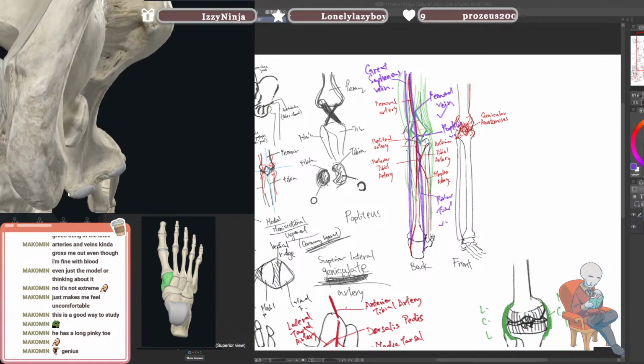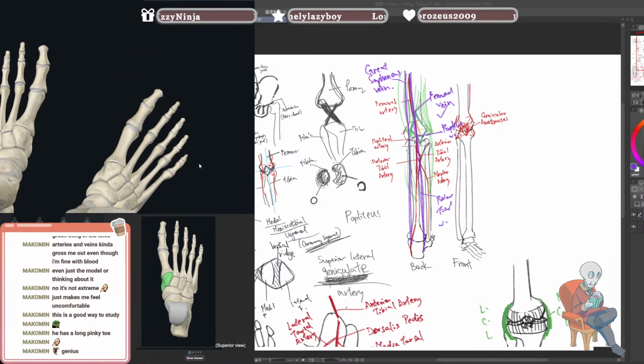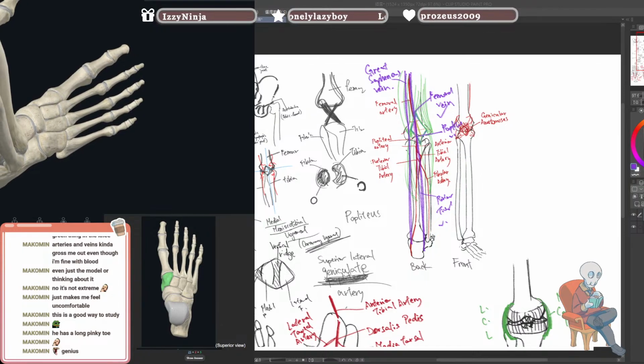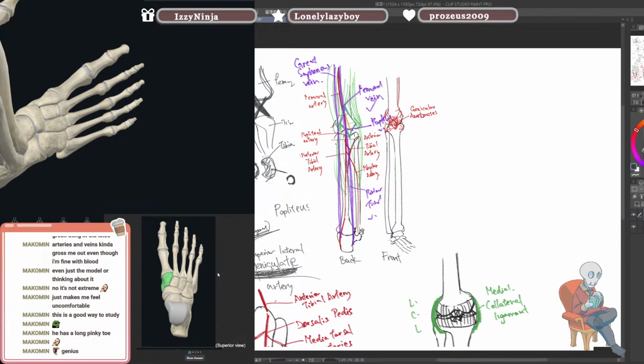Okay. Actually, I don't need to rely on the model. I'll just draw it myself. Right here. The calcaneus, you can't see the talus, and this is the navicular bone, cuboid bone.